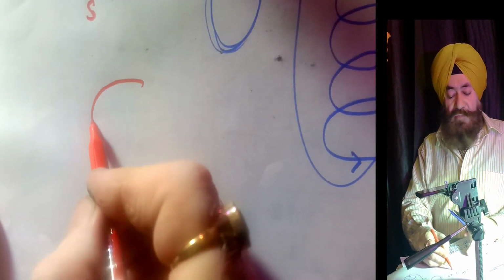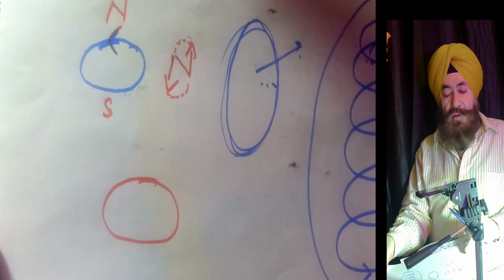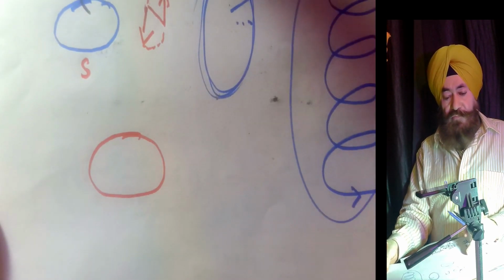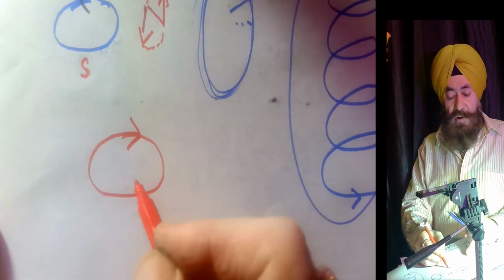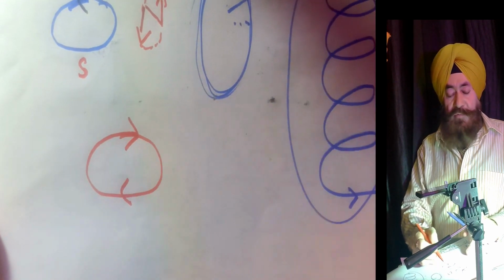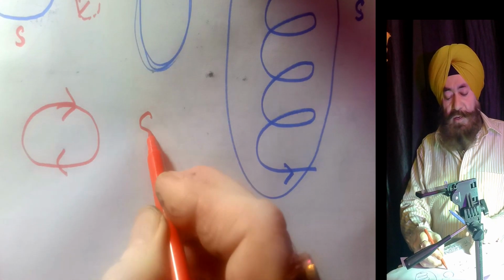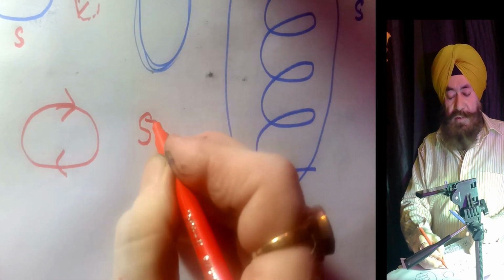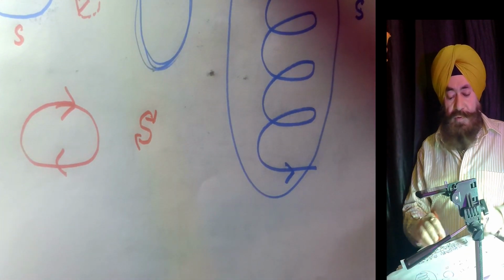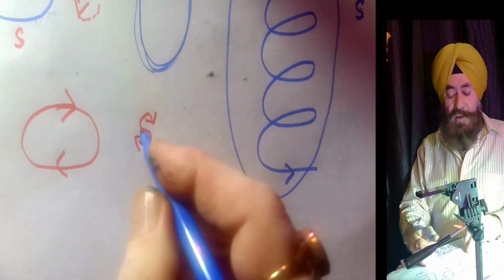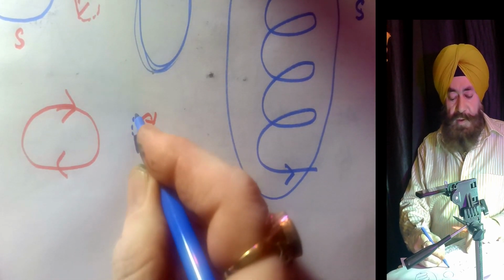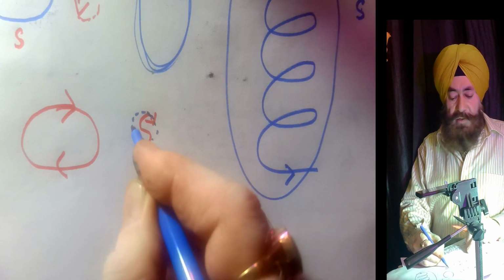And if you are having a loop and current is flowing in the clockwise direction, then like the letter S, put arrows; arrows mean clockwise current.